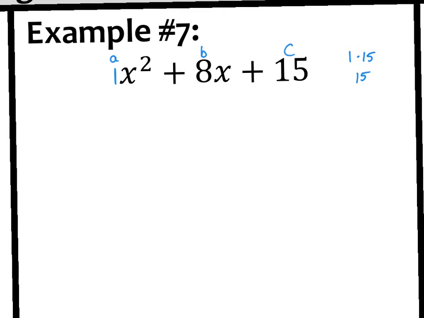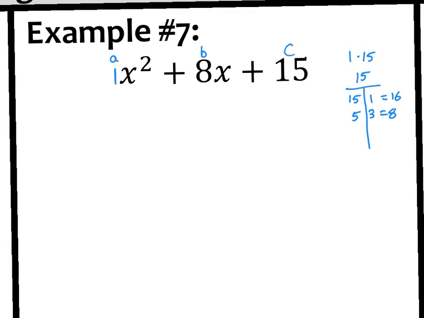So what we're looking for, though, is two numbers that multiply to be 15 that sum to 8. Okay, well, 15, we know it can multiply 15 times 1. But when we add that up, that equals 16. Can also multiply 3 and 5. 3 plus 5 is 8. Okay, that's the one we're looking for.